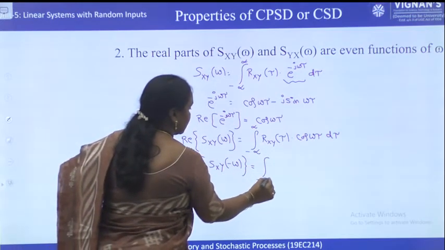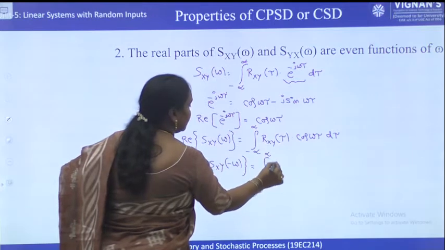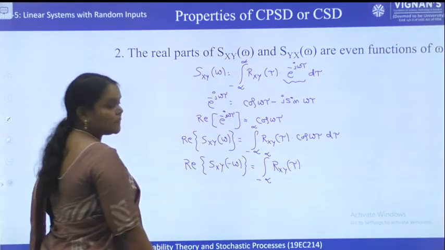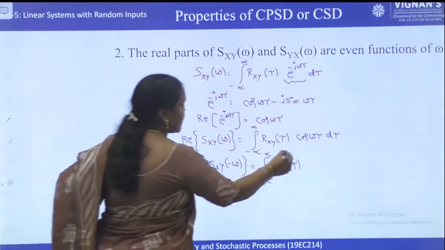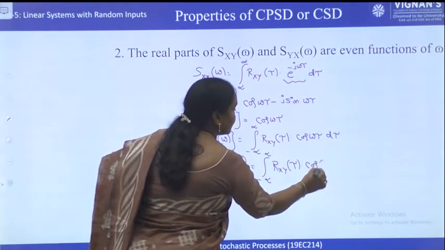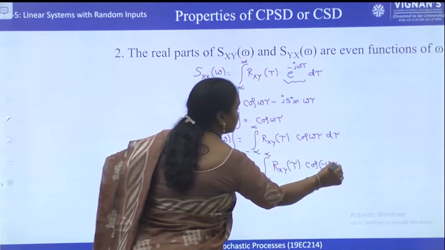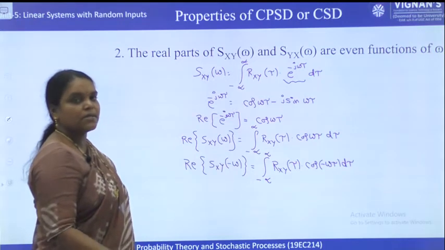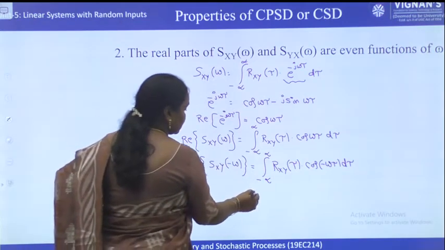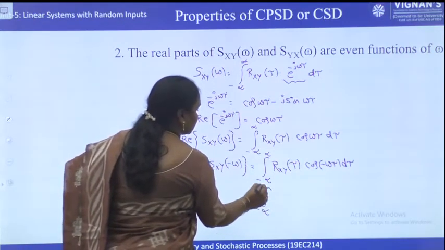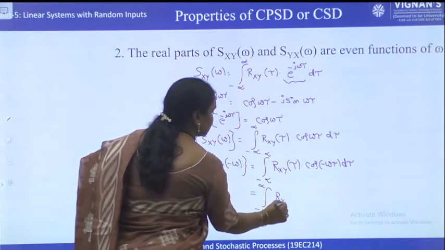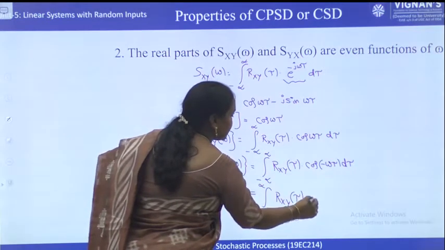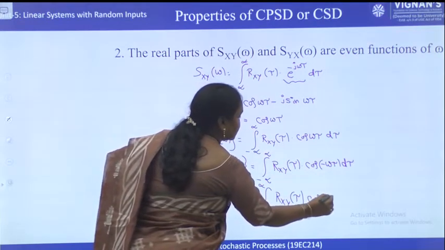So, this is equal to integral minus infinity to infinity r xy of tau into, in the place of omega we have to write minus omega, so it is cos of minus omega tau d tau. But what is cos of minus omega tau? It is cos omega tau only. So cos of minus omega tau can be replaced by cos omega tau.